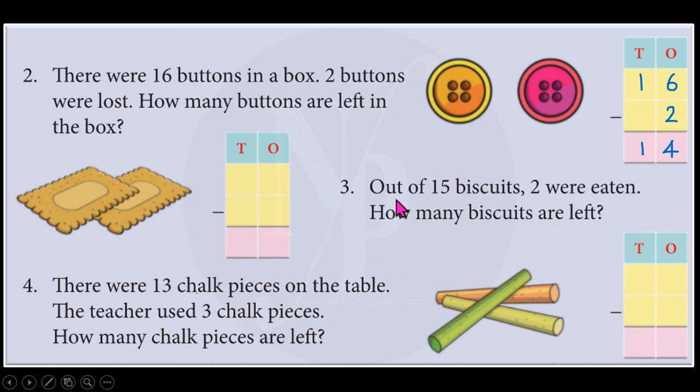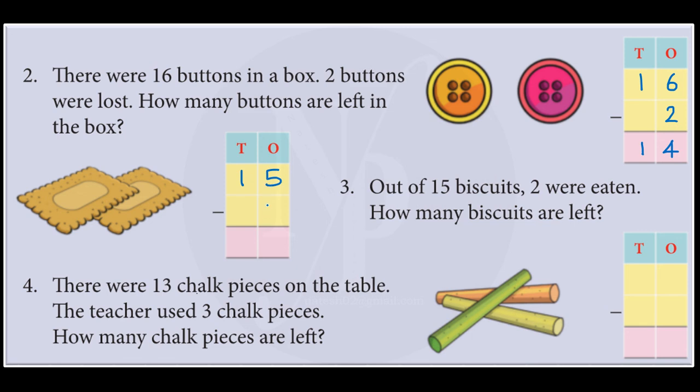Question number 3. Out of 15 biscuits, 2 were eaten. How many biscuits are left? So there were 15 biscuits and 2 of them were eaten by somebody. And how many biscuits are left? We have to find out that. First, let us write down 15 in the first row of these boxes. 15 here. 1, 5.